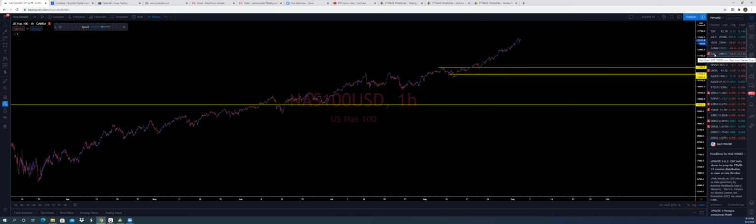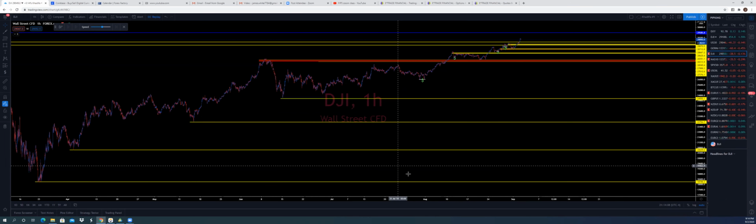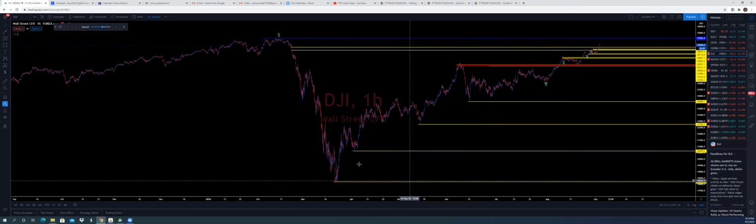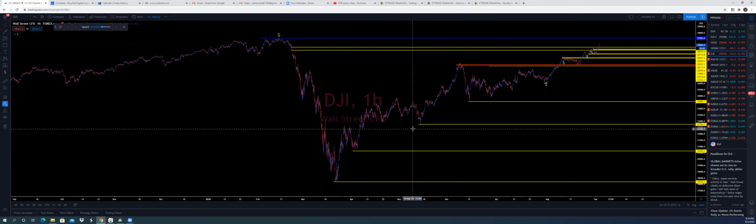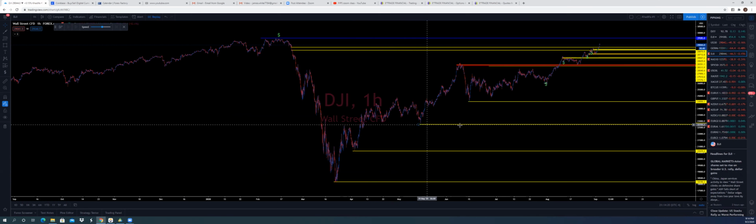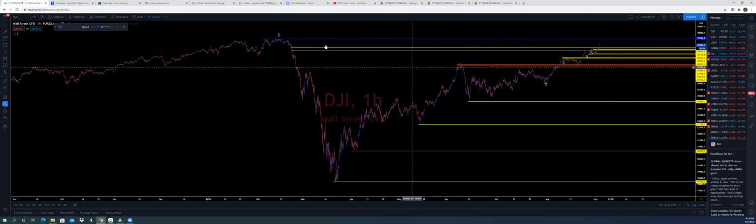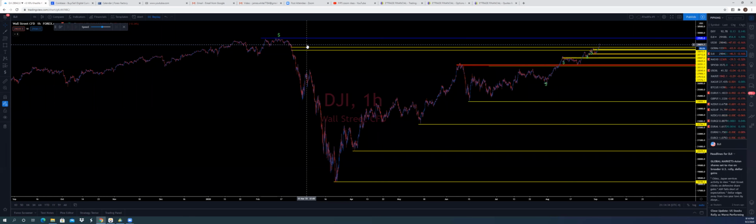Like I told you guys, you heard me say this time and time before: if all other indices correlate, and the other indices have made all-time highs, then why wouldn't U30 follow? And as we can see, U30 is following. We've had this price accomplished, which was a gap. We've had that gap filled. Price is above it.